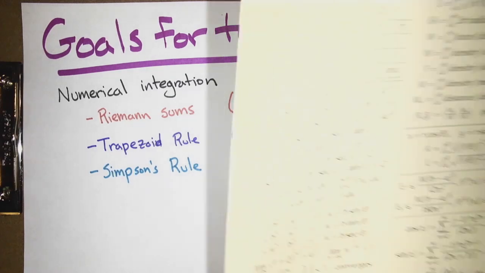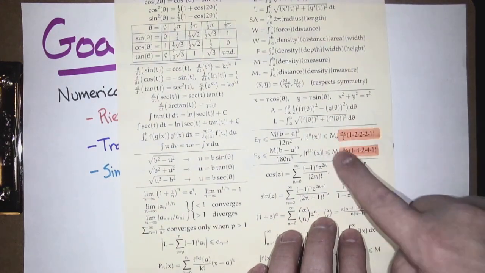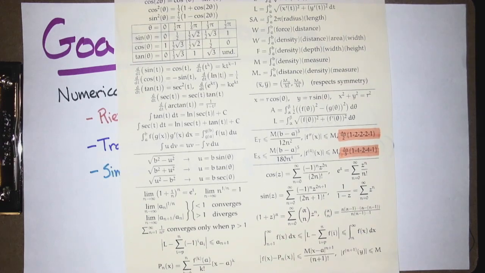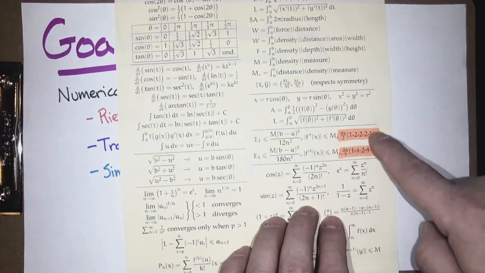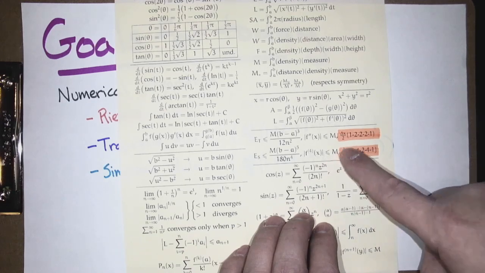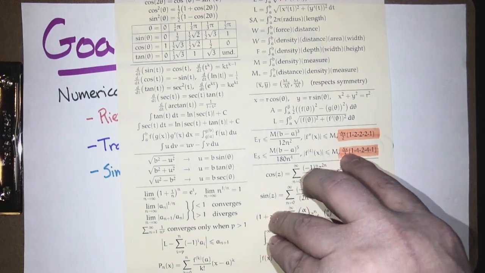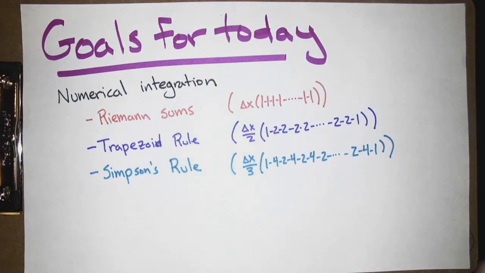Now, in terms of the formula sheet, we're talking about this little piece here. And it might seem like, wait, how does this fit in? That's for next time. But today, this is where you're going to find what we talk about. All right, so that's what we're going for. Let's begin.